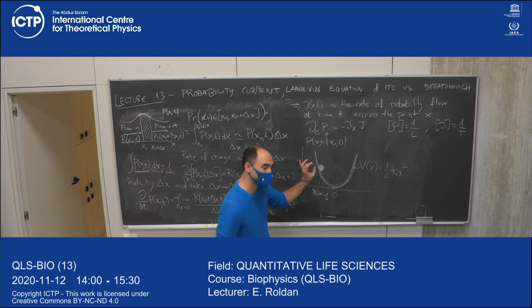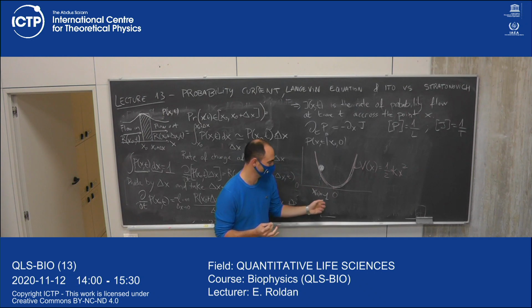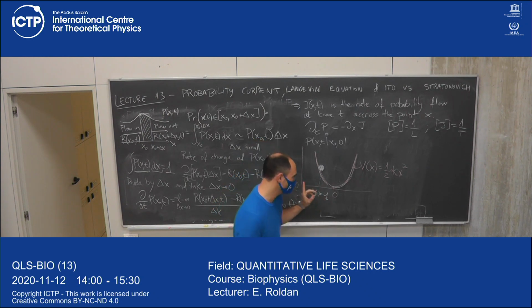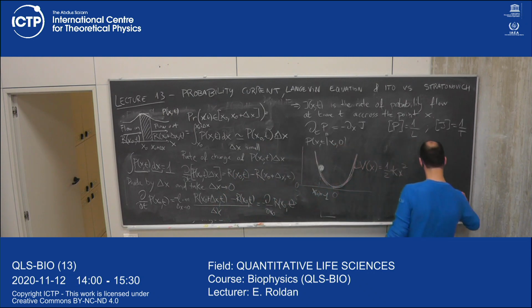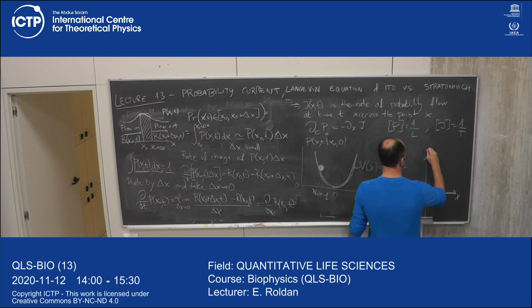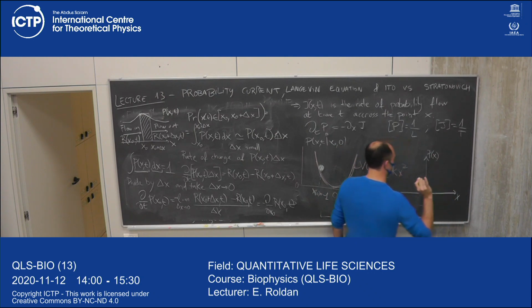The particle has this initial condition. So where will the particle be at time 0? Here. So the distribution, this is x, and this will be p of x and t.